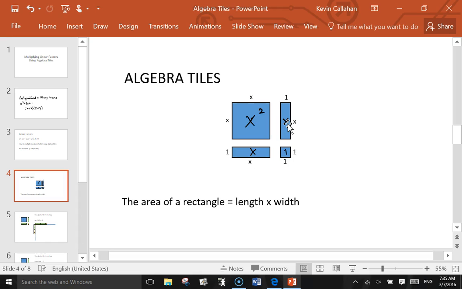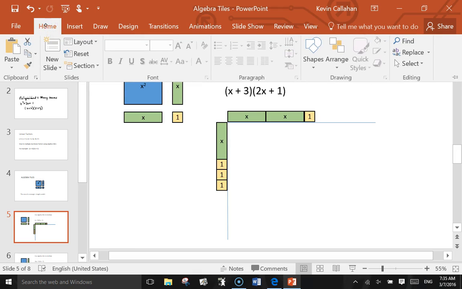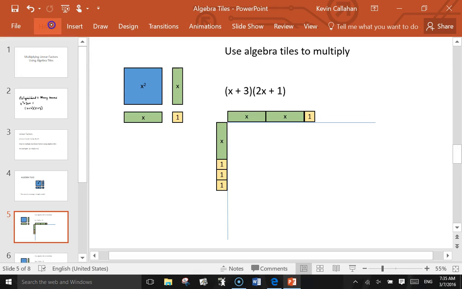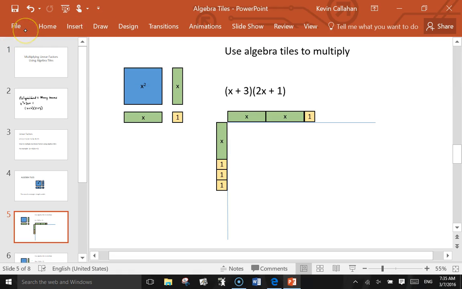Okay, so here's the next page. I've got my algebra tiles off in the top left. And I think probably the way I'm going to have to do this is just with my cursor. So I'm going to multiply x plus 3 times 2x plus 1.